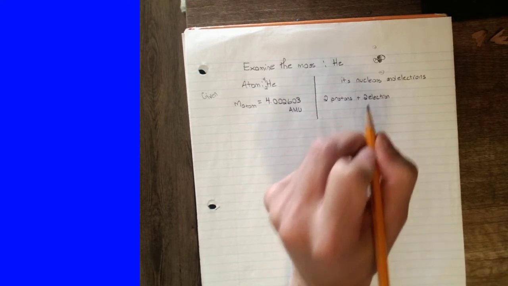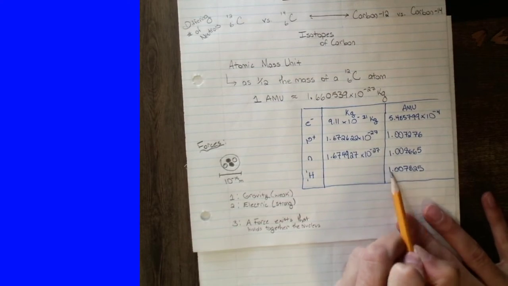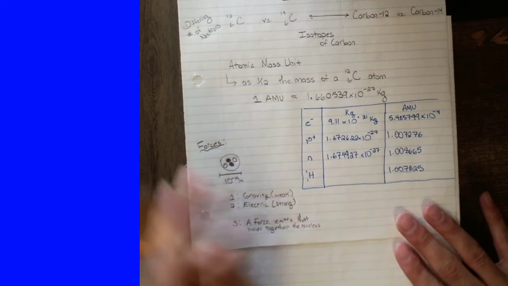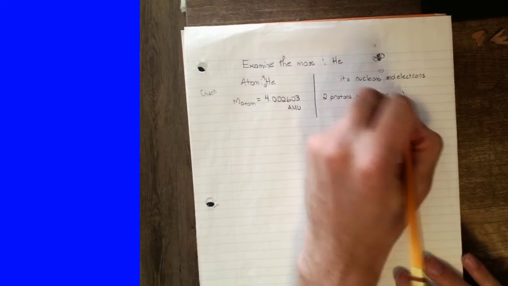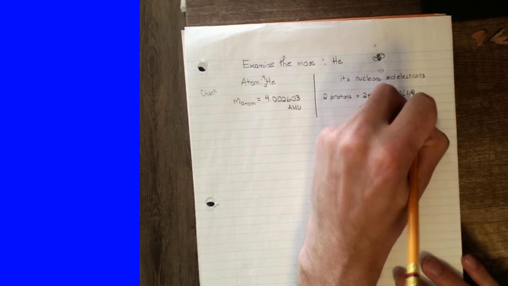Okay, that's that H11 that we were looking at before. That's this. So we have 2 times that number there. Okay, so let's write that down. 2 multiplied by the 1.00785.